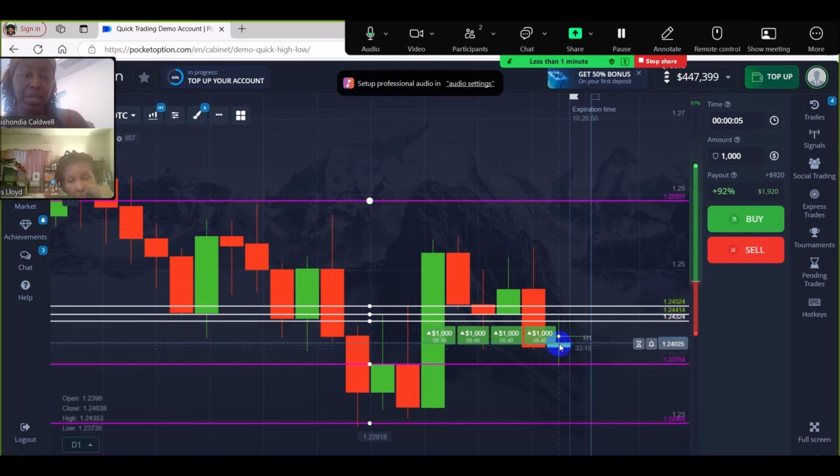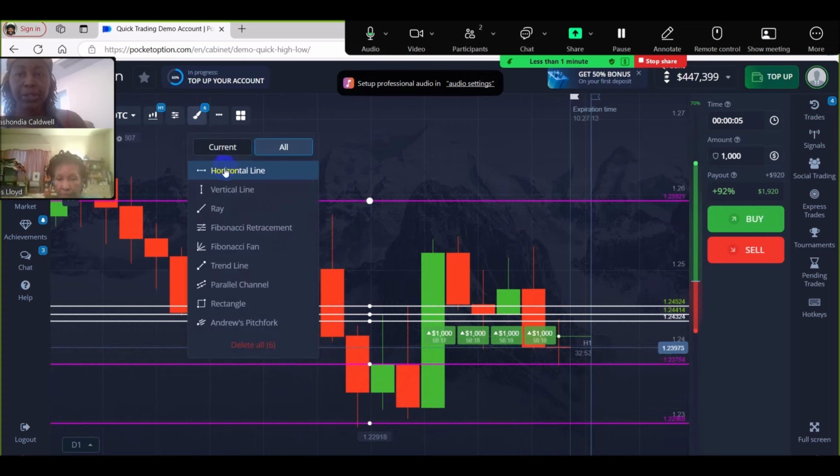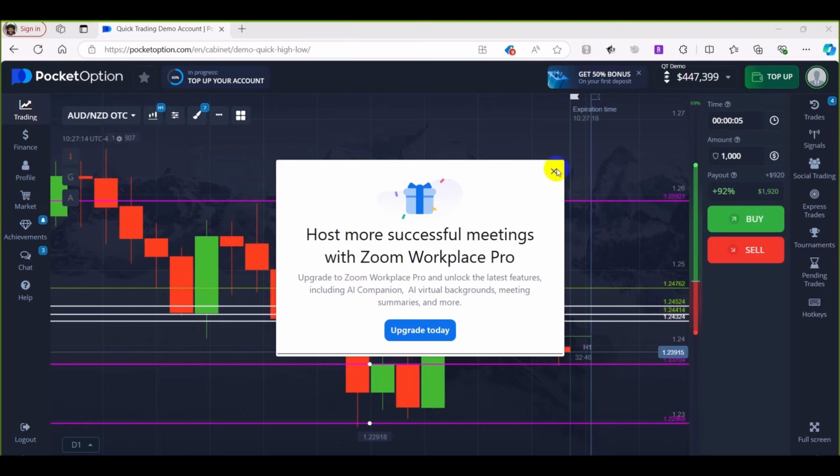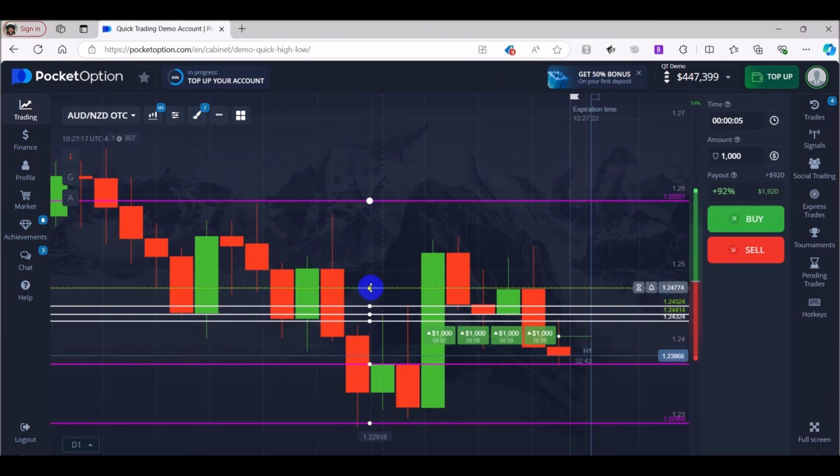But if you are in between the wicks, like this is your daily wick, this is a daily wick, this is a daily wick. But when you come down to the hour, you got these wicks right here that it is working off of. This one down at the bottom, you can put in another horizontal line if you want to.